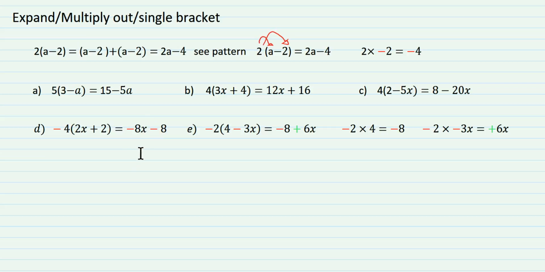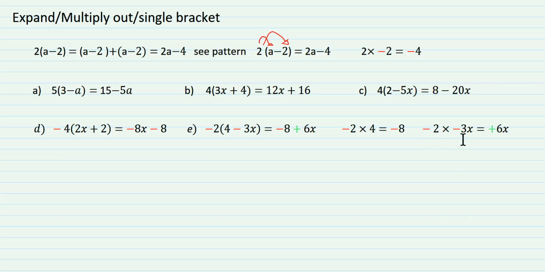Okay, now this is another example. We've got a negative outside, and we've got a negative inside. Minus 2 times 4, the signs are different, is a negative, yeah, so it'll be minus 8. Okay, then this is minus 2 times minus 3x.